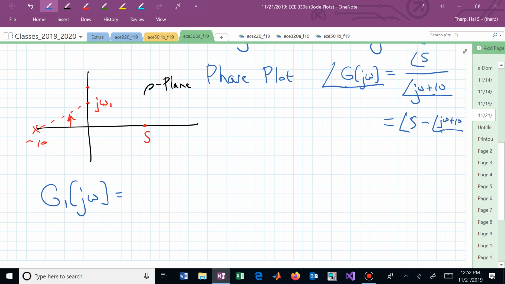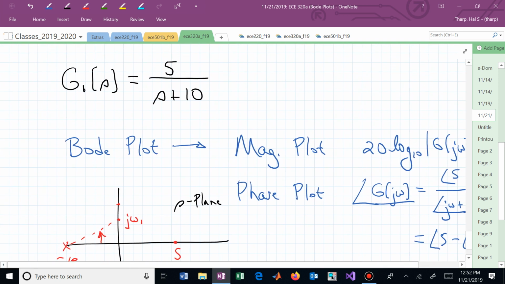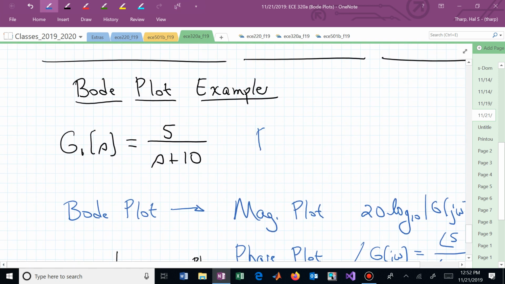And the other thing that we want to do to make our life more consistent in terms of the sketching process is convert this transfer function, which right now I would say is in pole-zero form. You can see that the factors are explicitly identifying the poles and the zeros. We just have one factor, and it's a pole factor.